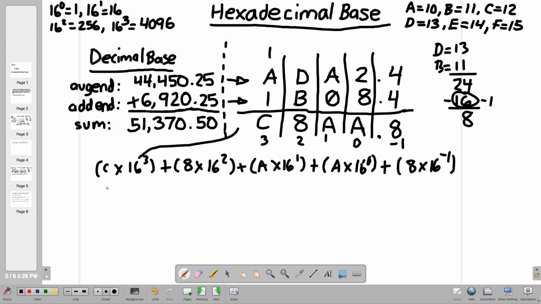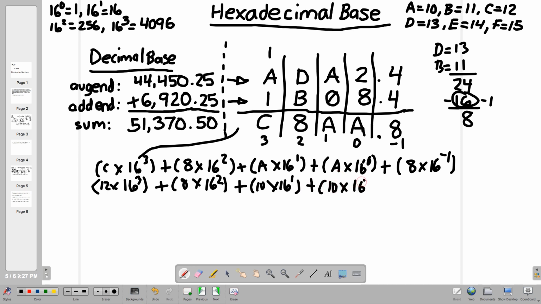Okay, so this is the same as saying 12 times 16 to the third power, and 8 times 16 to the second power, plus 10 times 16 to the first power, and 10 times 16 to the 0th power.